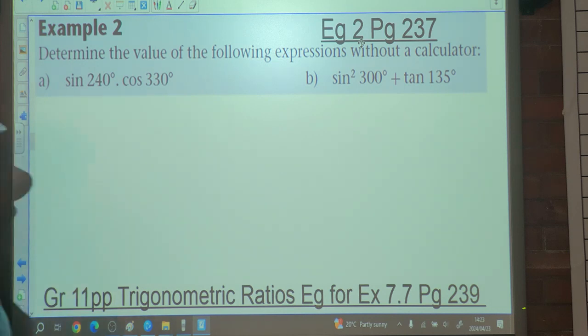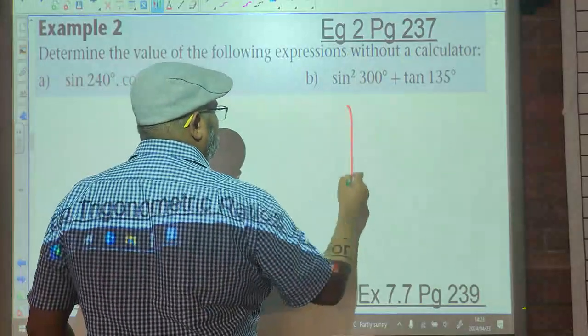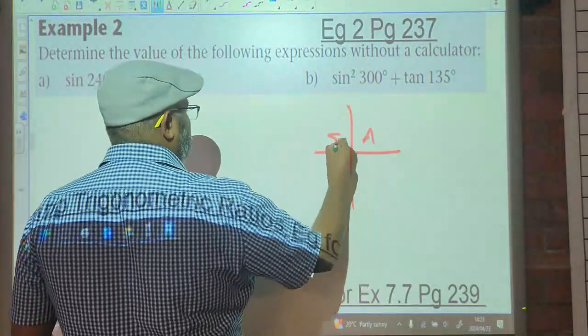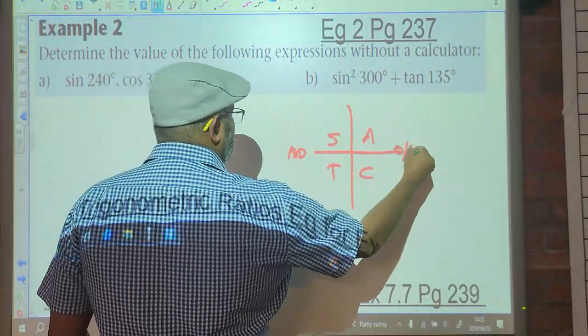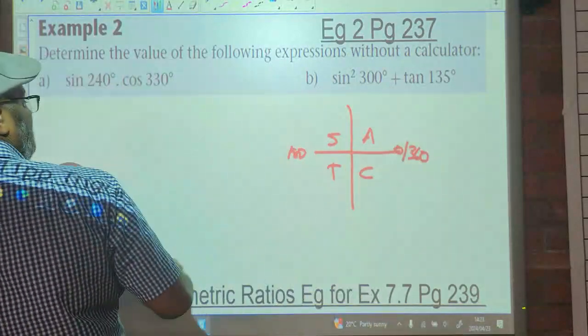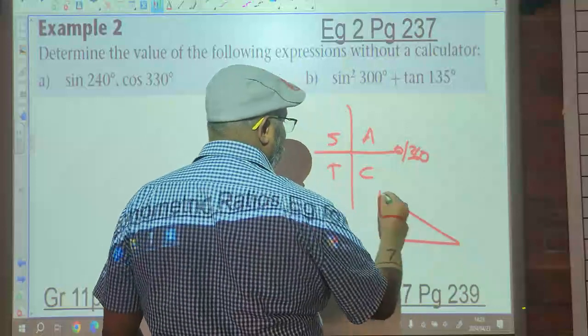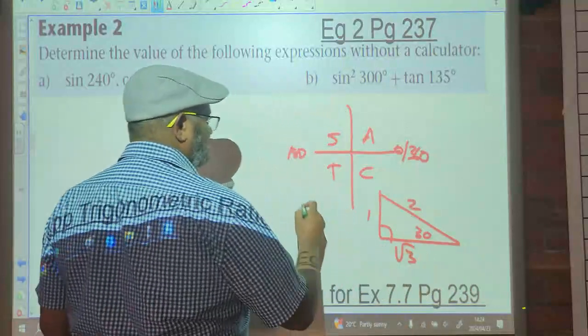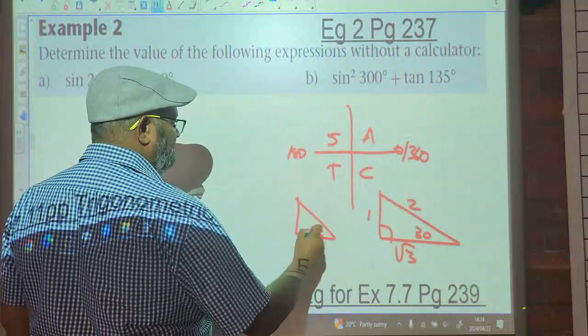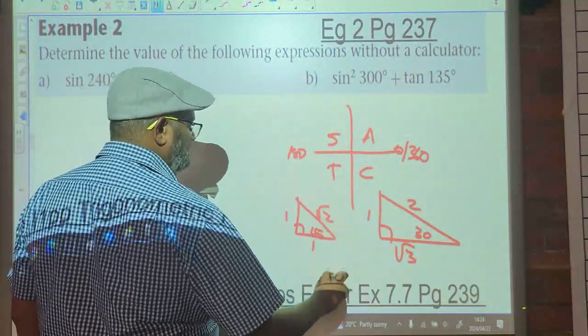So let's look at number 1. Where do we start? The cos diagram. All stations to clear: 180, 0, 360. And then we need the special angles. So that is 30, 1, 2, root 3; 45, 1, 1, root 2.